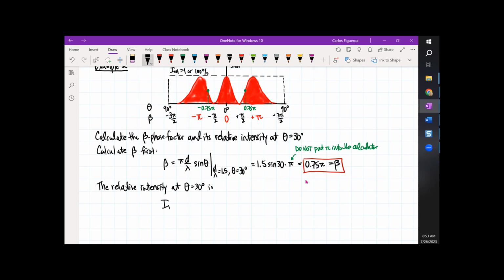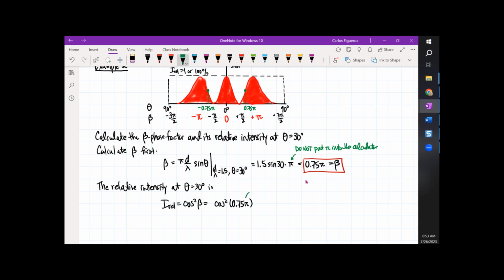I've already calculated beta, so this is cosine squared of beta, but now I'm going to have cosine squared of 0.7 pi. Now here's where you've got to be careful again.